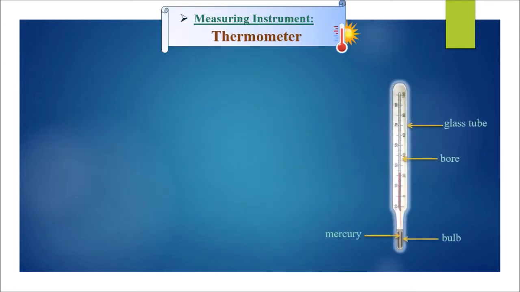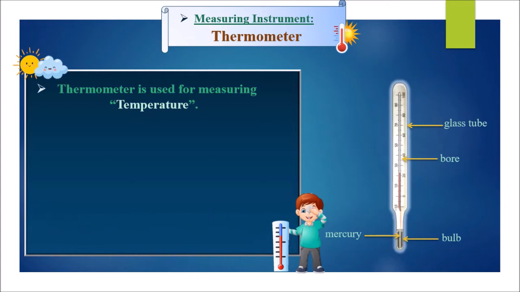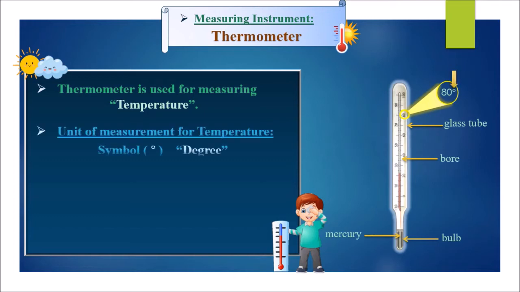A glass tube thermometer is a delicate instrument used for measuring temperature. It needs to be handled carefully so that it doesn't break. The liquid inside the glass tube expands as it is heated and rises in degrees, and contracts when the degrees fall. The unit of measurement for temperature is marked by a small symbol besides the number, which is called degree.